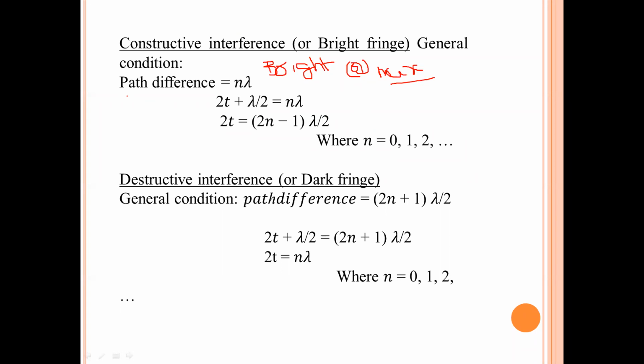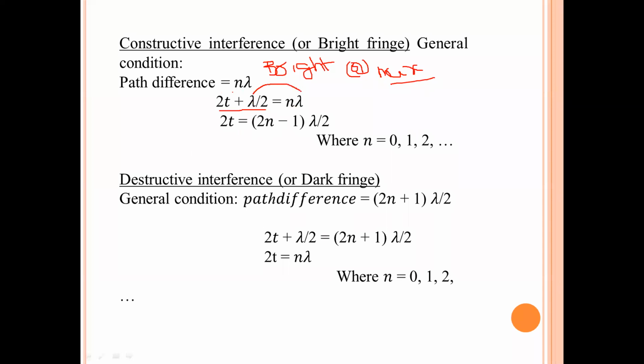Now the condition is the same as what we discussed in interference in thin films: path difference is an integral multiple of the wavelength. So here the path difference formula is 2t plus lambda by 2, which is equal to n lambda.